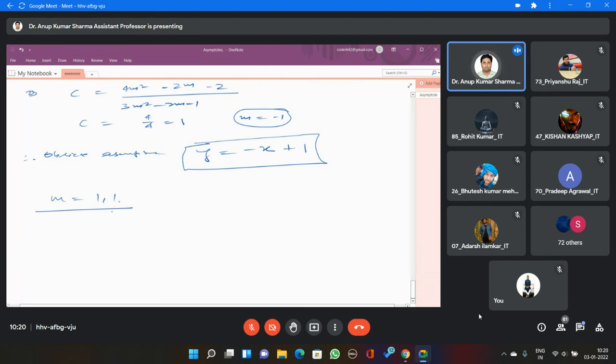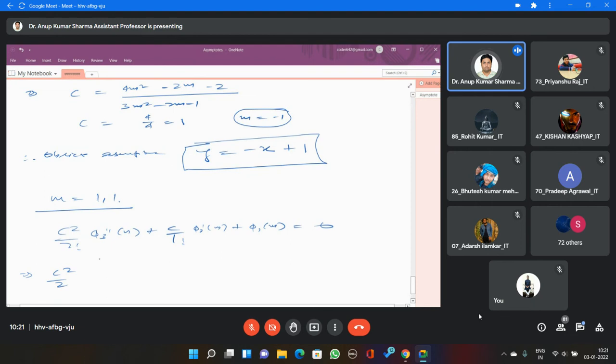In this case we need c square factorial 2 phi 3 double dash m plus c factorial 1 phi 2 dash m plus phi 1 m is equal to 0. I am directly writing c square by 2 phi 3 double dash m.